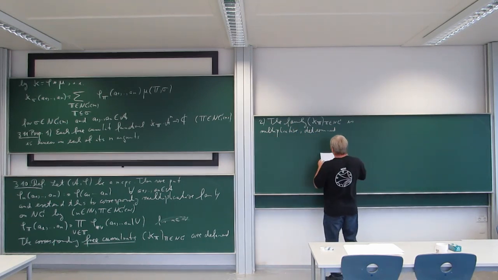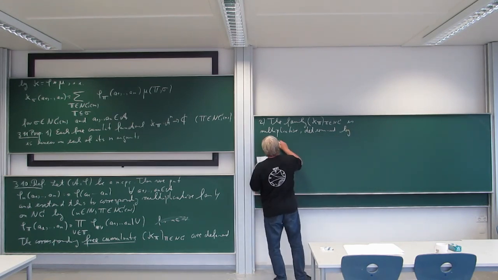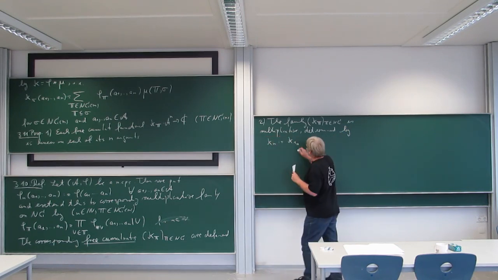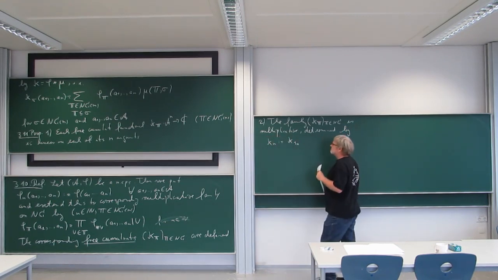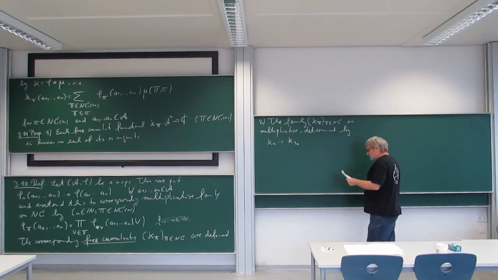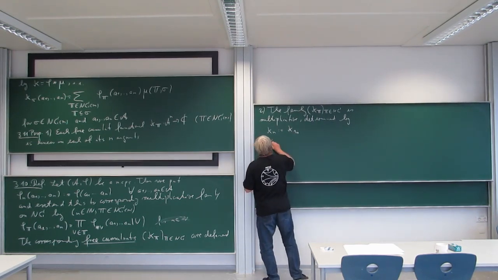So it's determined by kappa n's, which are just the kappa corresponding to the maximal element in NC of n. And then in general, kappa pi is just the product of the corresponding kappas, corresponding to the block structure.